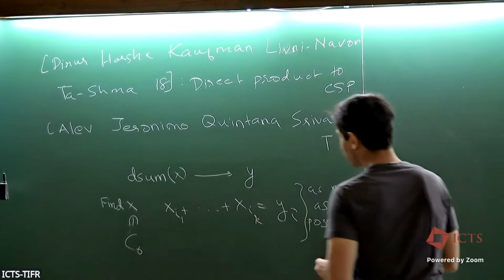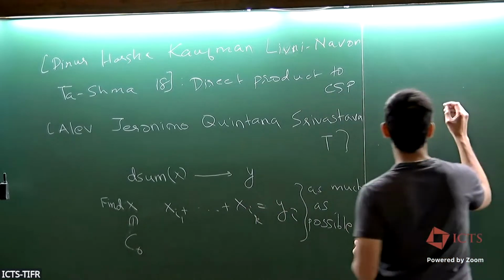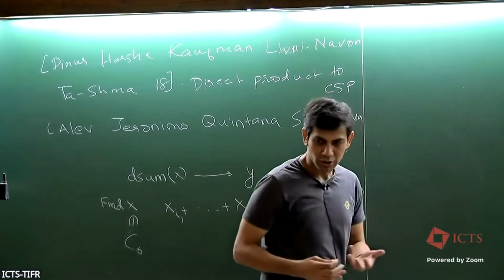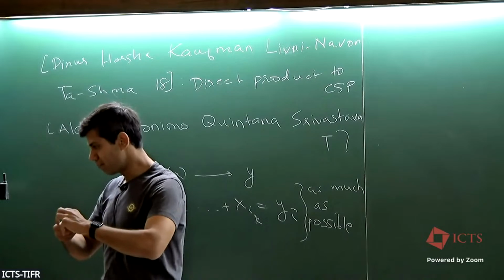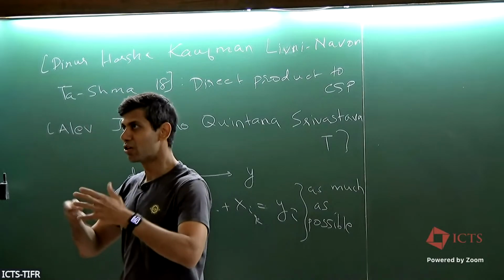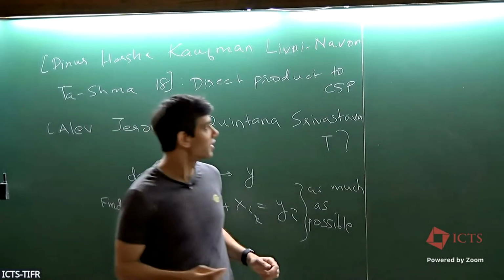Okay, so what do these direct sum constructions do? As we saw yesterday, they reduce the bias of a code word, or increase the distance, let's say, of two code words.